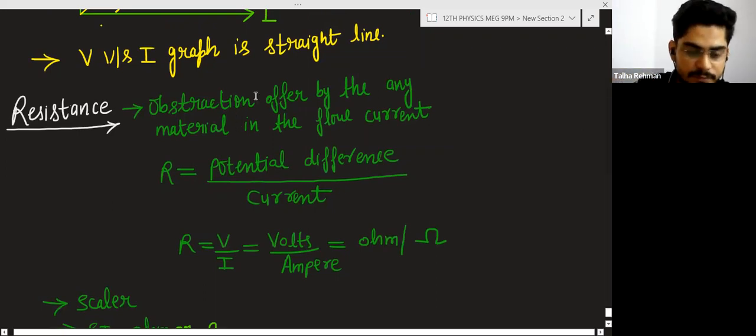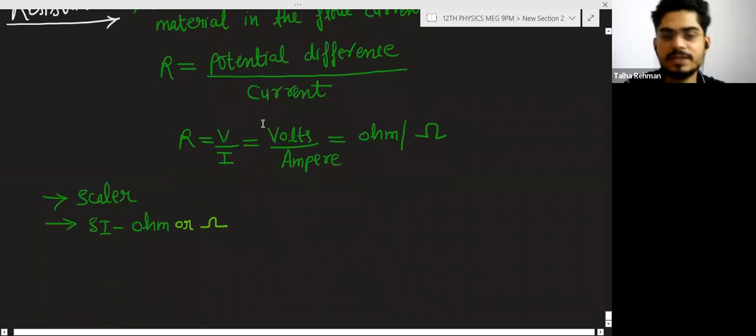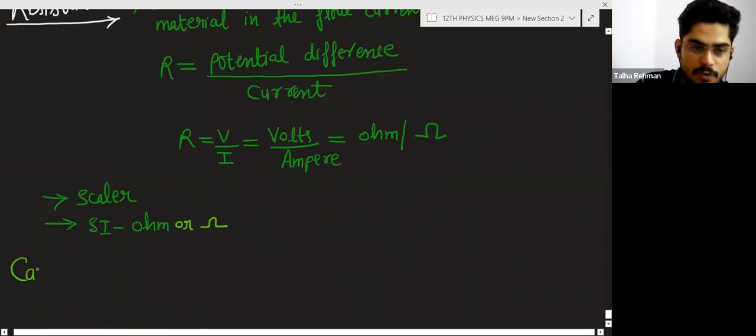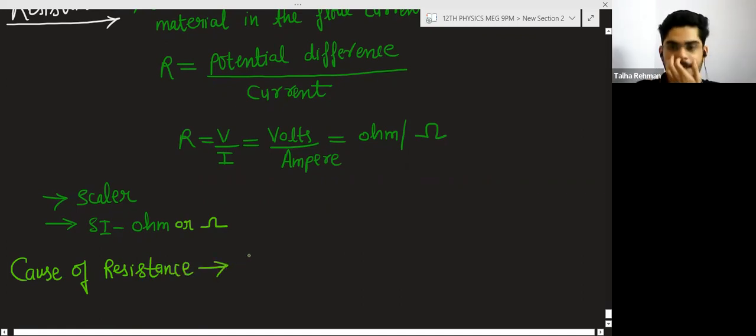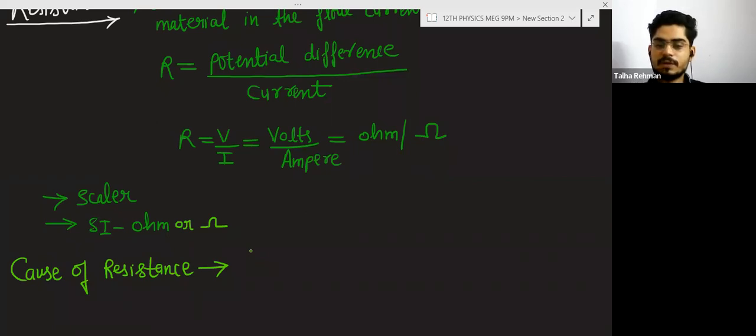And why is the resistance there in the wire? What is the cause of resistance? We have discussed earlier that electrons collide with the ions inside the conductor when the electric field is applied, across the ends of the conductor there is an electric force on the electron in the direction opposite to the electric field.